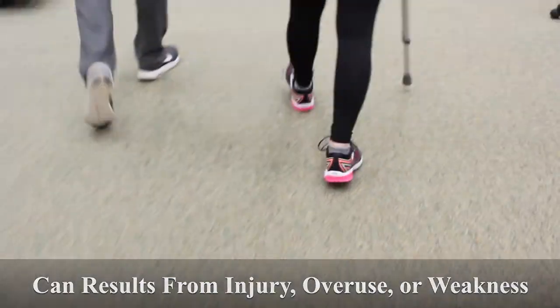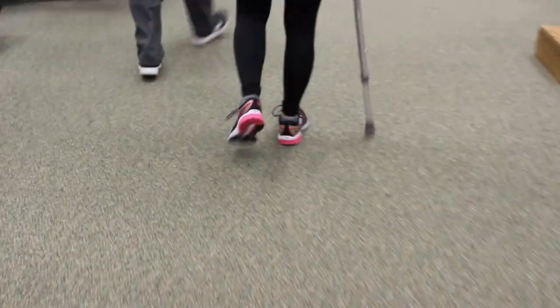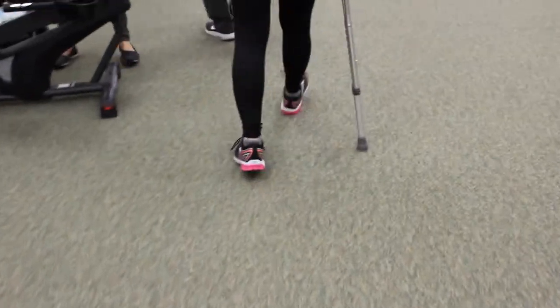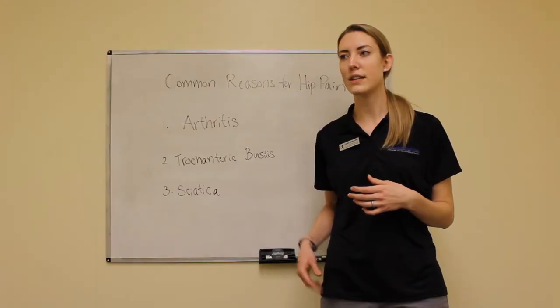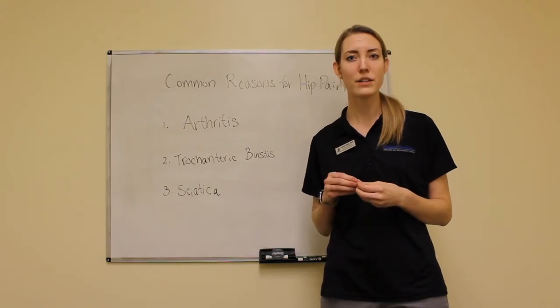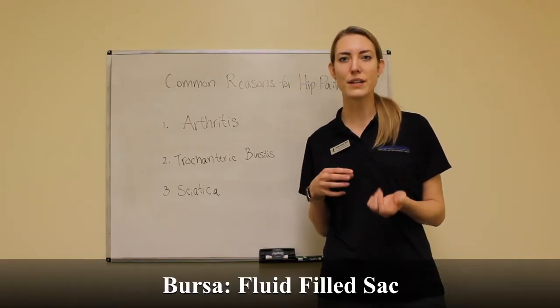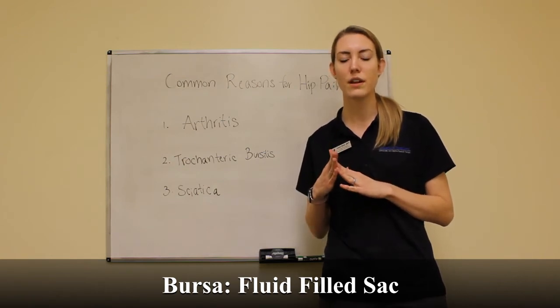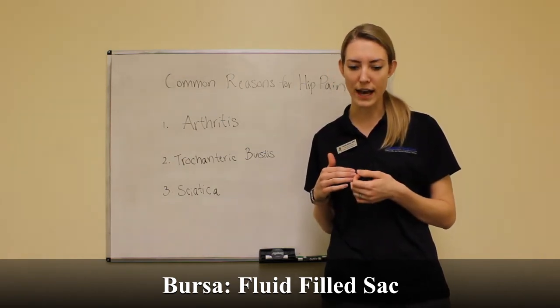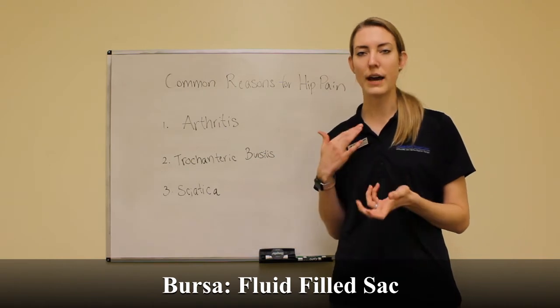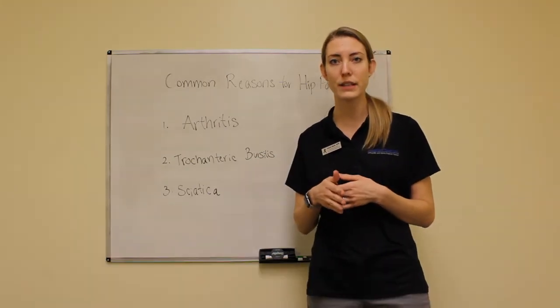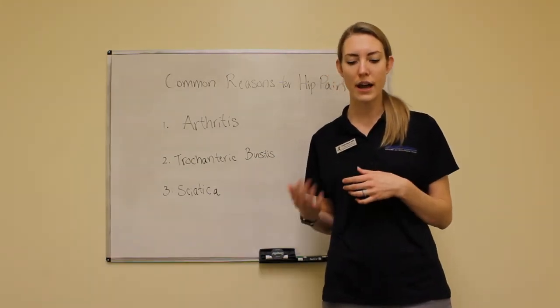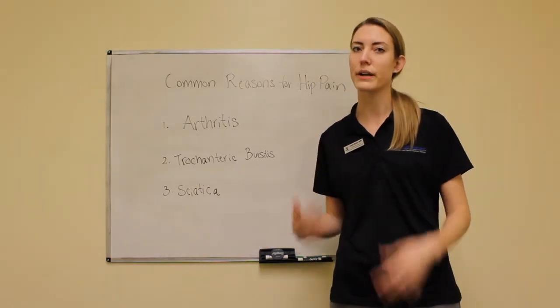And basically what's happening is you're getting friction from this thick IT band that runs along the side of your leg, and that's causing pain in the bursa. It's causing it to inflame. The bursa is the fluid-filled sac that the IT band kind of runs across. And so the way we treat that is we look at what parts of your body specifically are tight or weak, and we help to correct those imbalances.